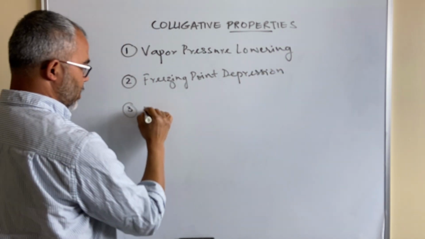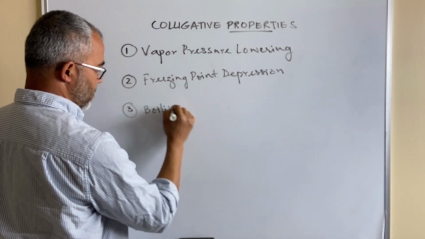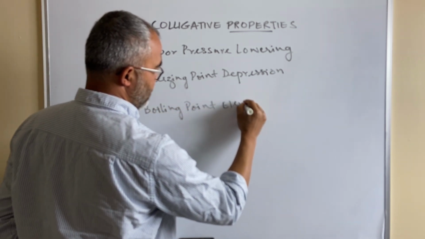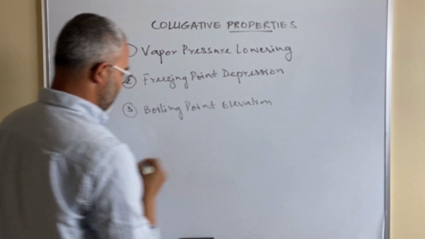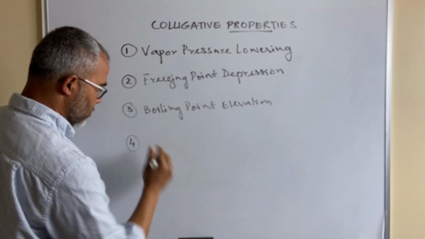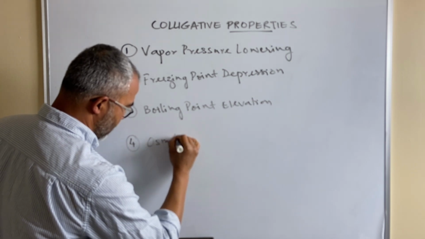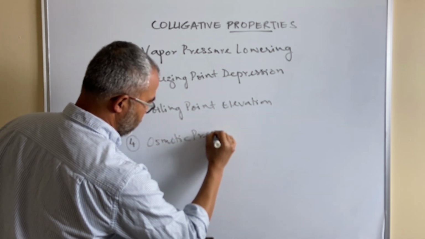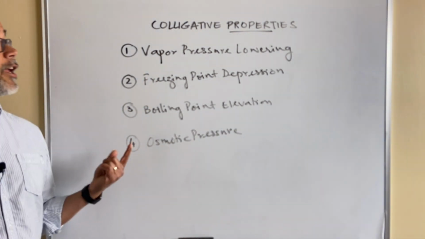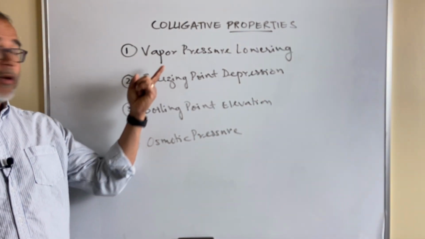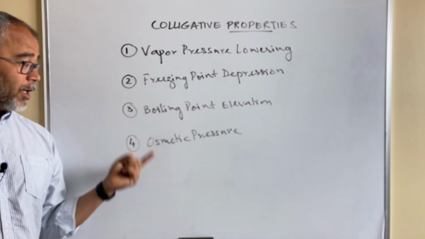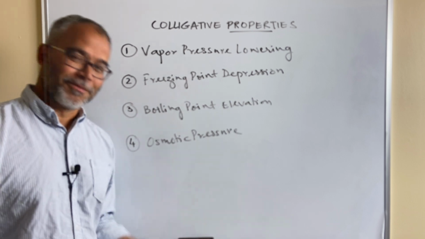The third is boiling point elevation, and the fourth is osmotic pressure. So there are 4 colligative properties.